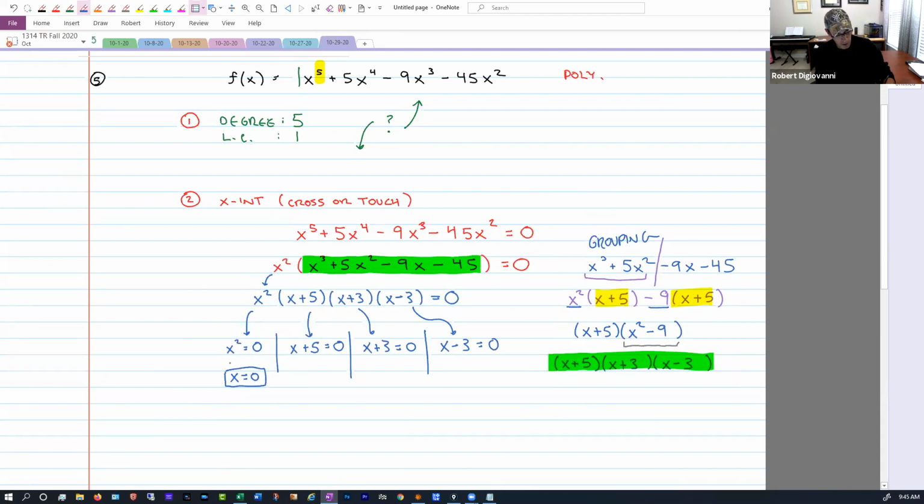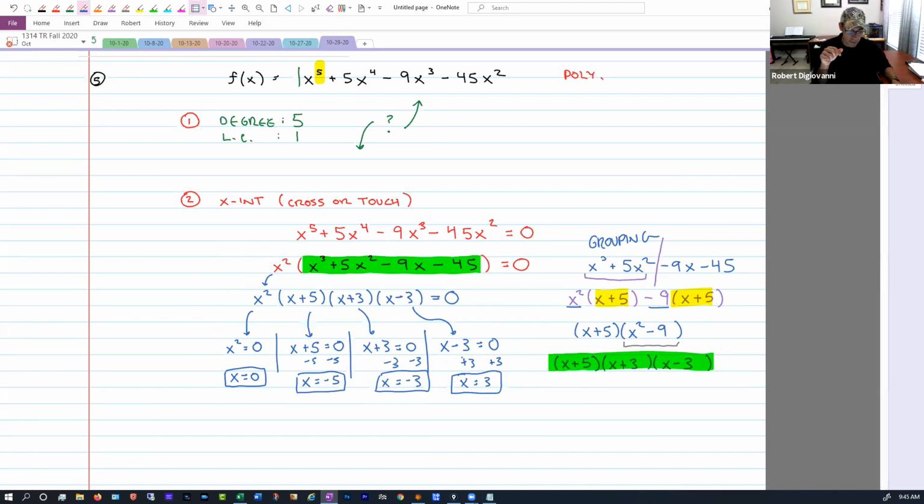So x is 0. On this one, you subtract 5 on both sides, you get x is -5. Subtract 3 here, get x is -3. And add 3 here, and you get x is +3. So we have 4 x-intercepts.